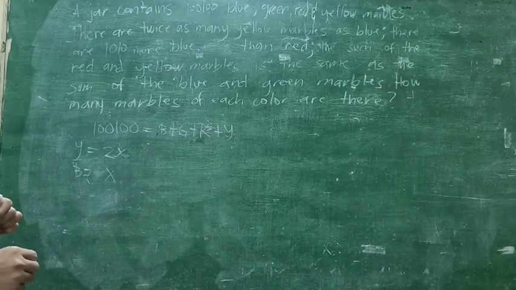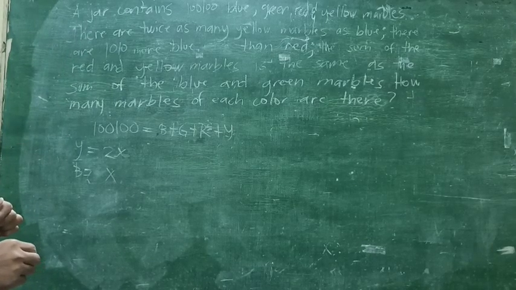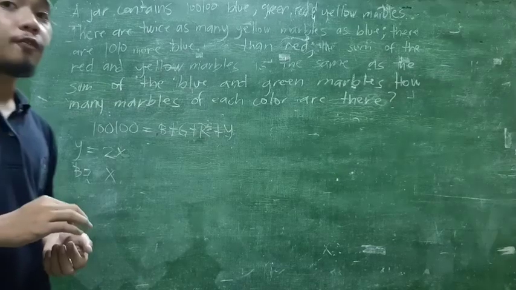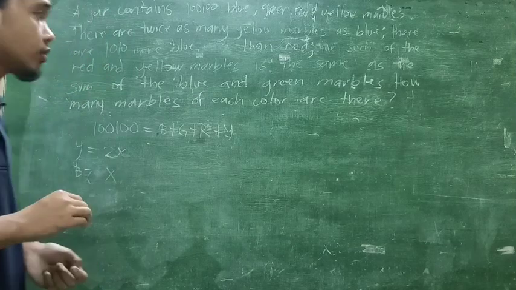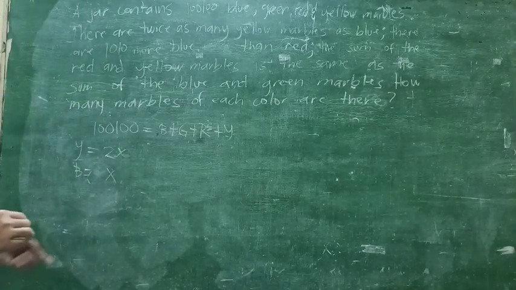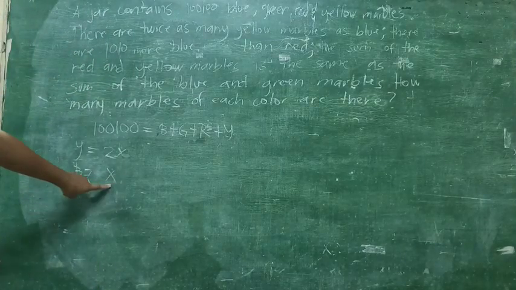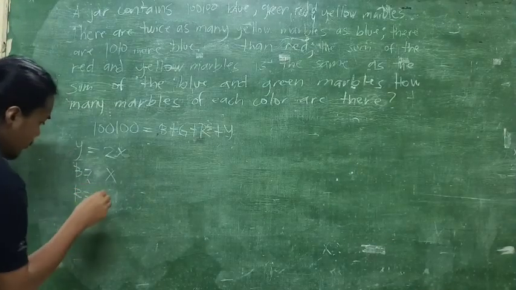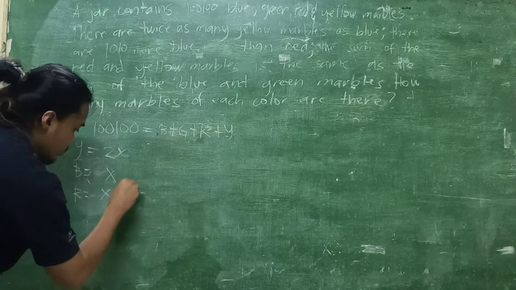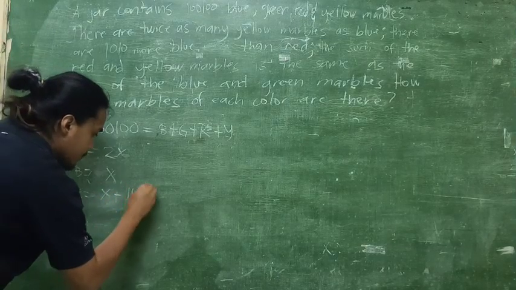So, if the blue marble is 1,010 more than red, we just have to subtract 1,010 from the x. So, our red marble is equal to x minus 1,010.